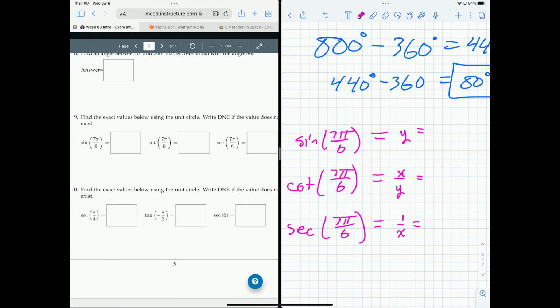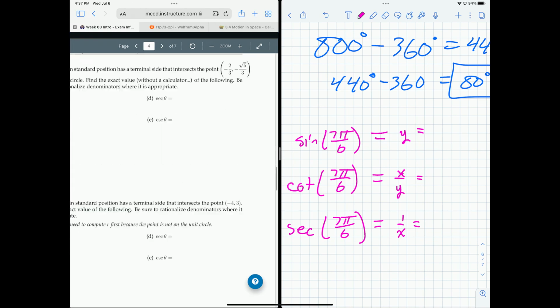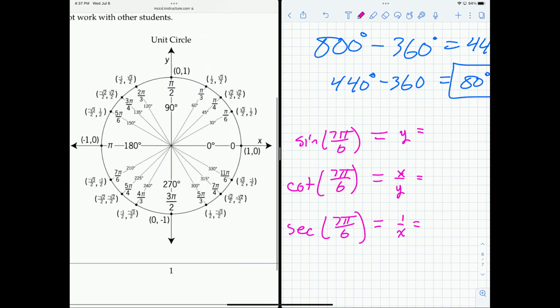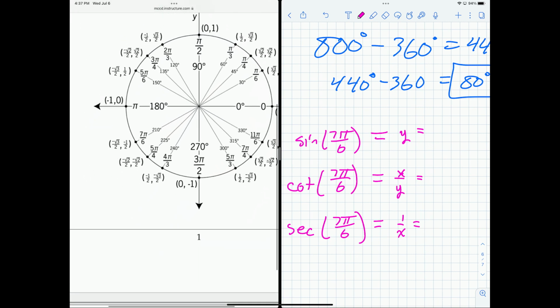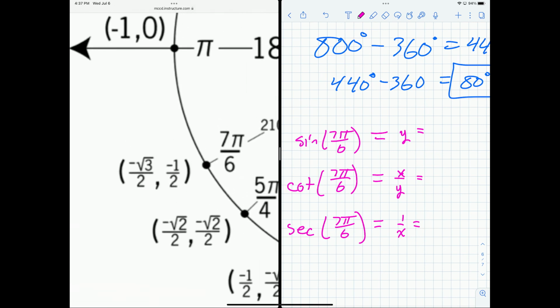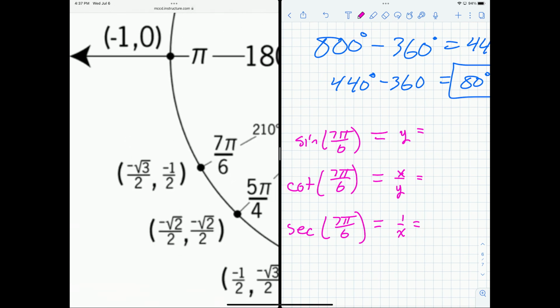Then we go to our unit circle, which I printed here to help you out. We find 7 pi over 6. There it is, and we can read off the x and y values: negative root 3 over 2, negative 1/2, and we just write them down.